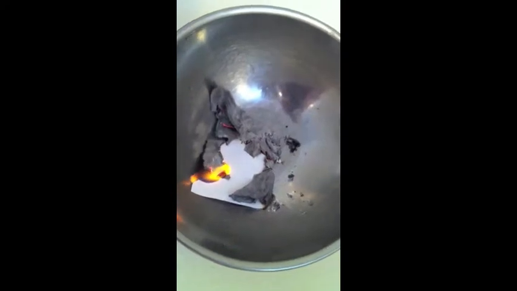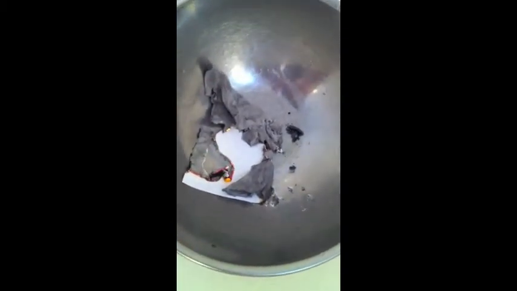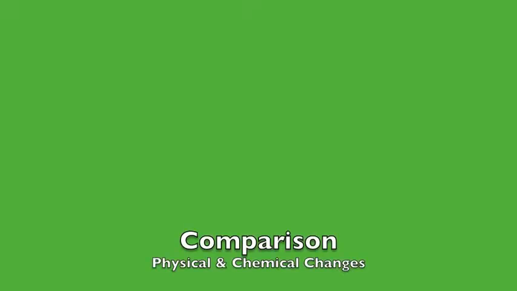After every part of the paper is burned, it changes into ashes. These ashes are a totally different substance from the paper. This happens because burning of the paper is a chemical change, and chemical changes form entirely new substances, like the ash.